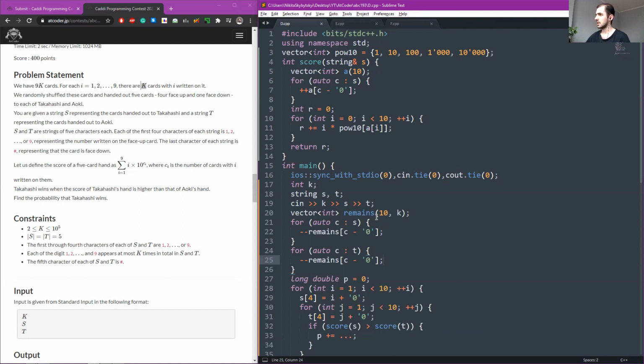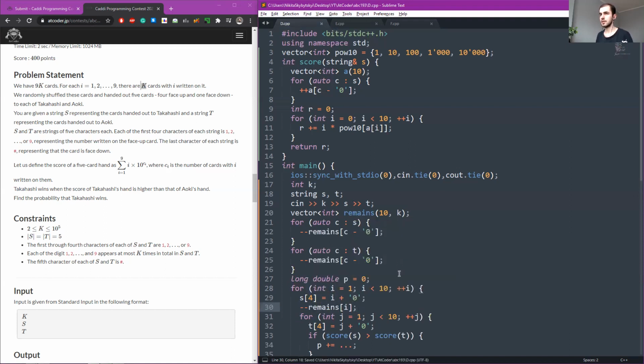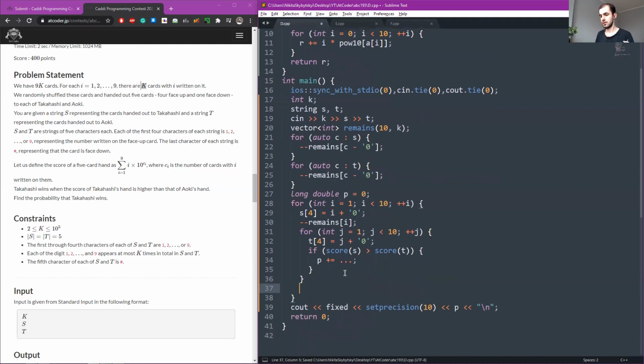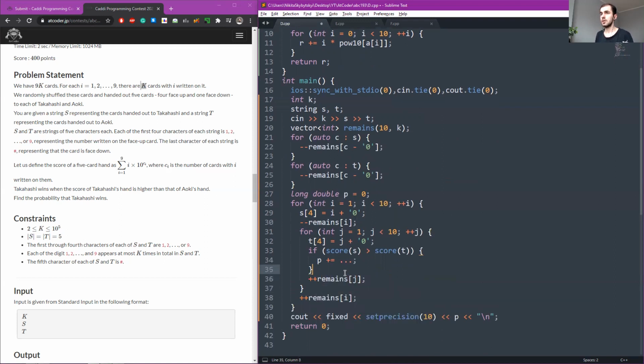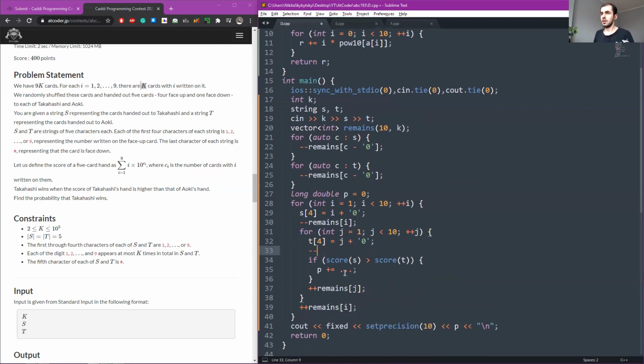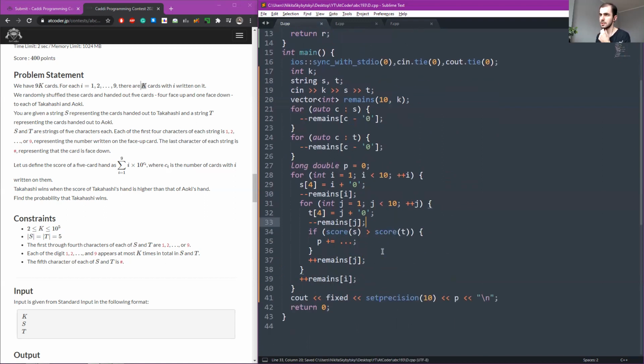And the probability that I get j second is what? Is rj over remaining sum of r's, right? So it should not be complicated. Here remains of I gets decremented. Here it gets incremented back. Should be something like that.